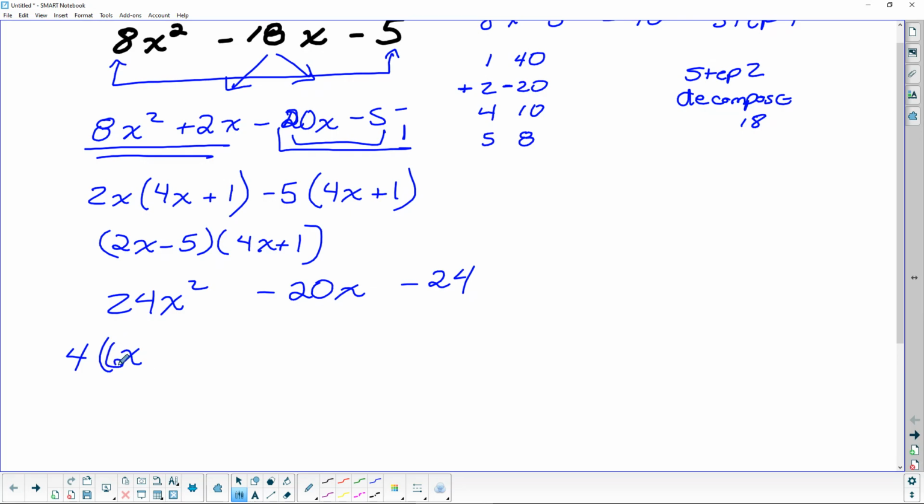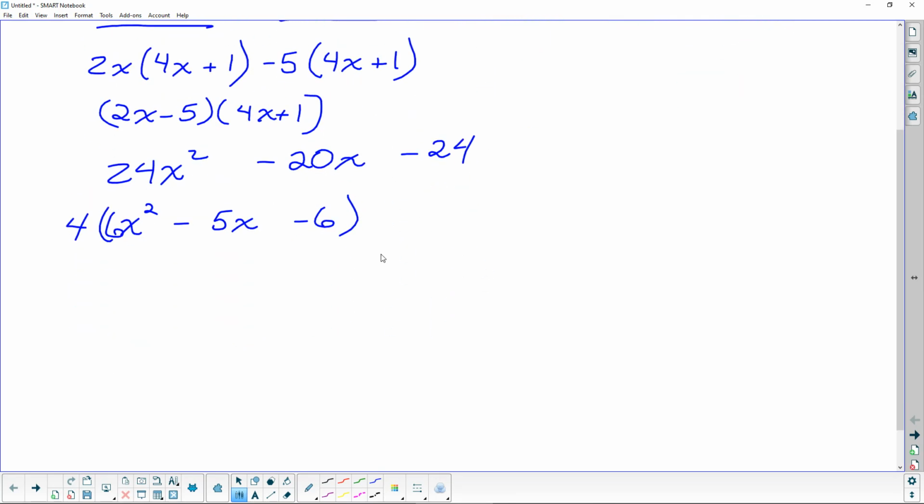So that's 6x squared minus 5x minus 6. Okay, so then you can see how that works out. Sometimes you have a time where you have to take a common factor. So then you would use decomposition for this one.